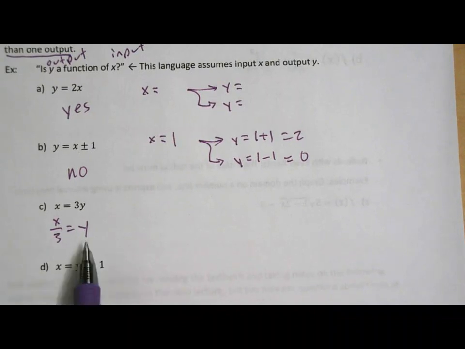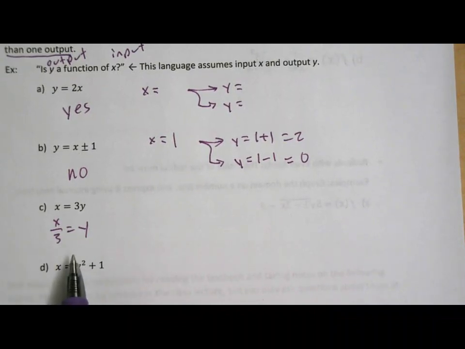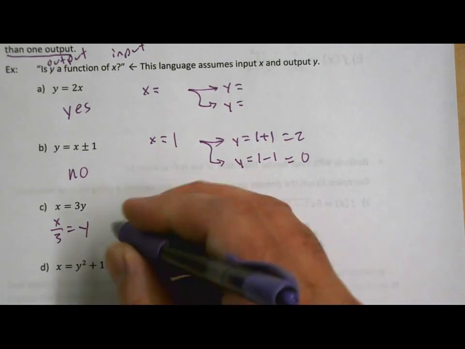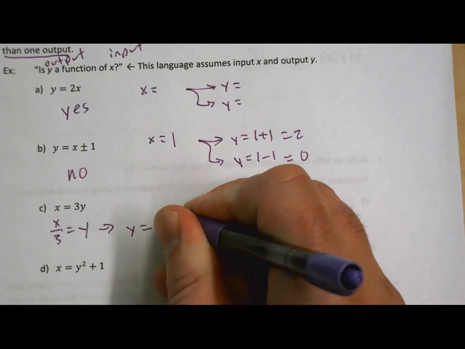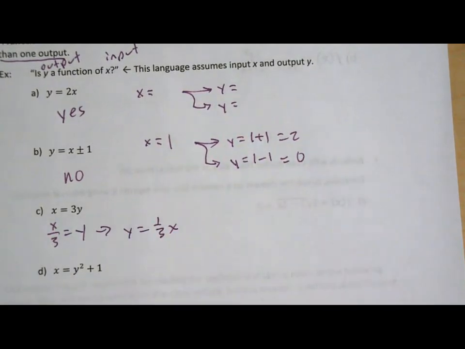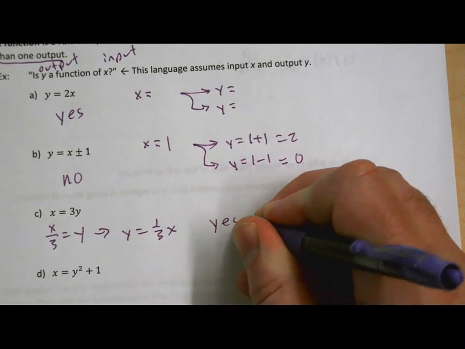What type of graph would this make? Y equals x over 3. Another way to write that would be y equals 1/3 x. What shape would that graph be? What family of functions are we looking at here? That would be a linear function. Yeah. So yes, this is a function.